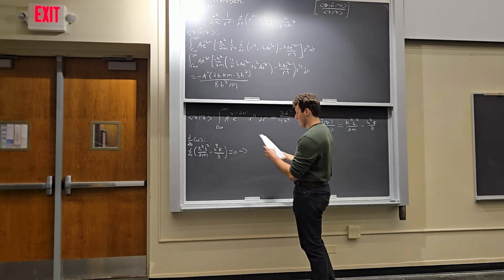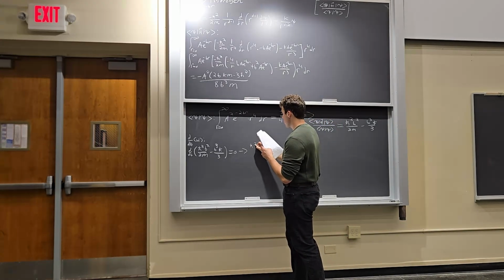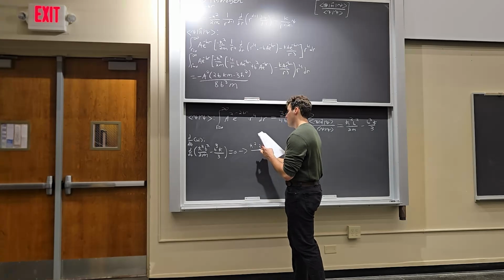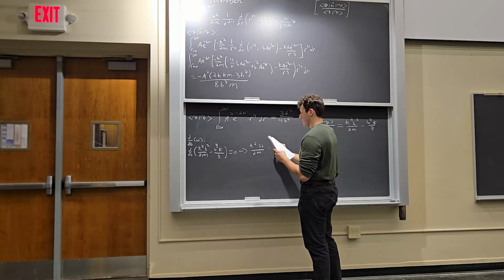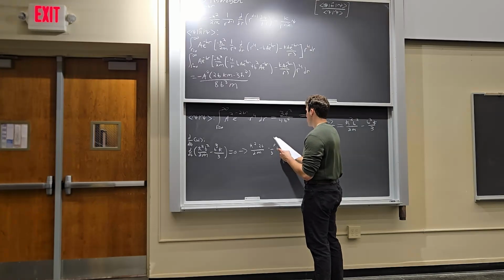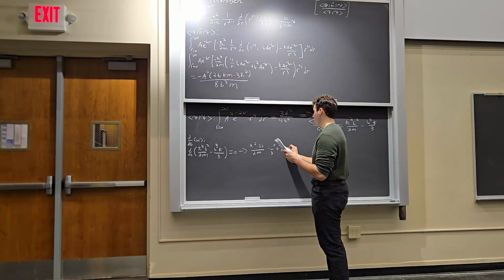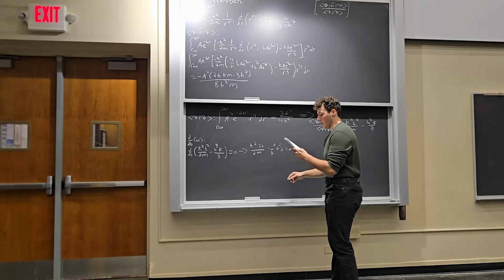It's going to be h bar squared times 2b over 2m minus k over 3 times 3b squared, and then that's all equal to 0. Keep carrying it over.